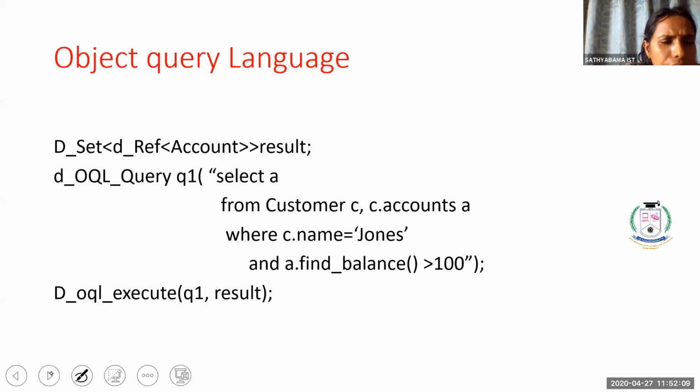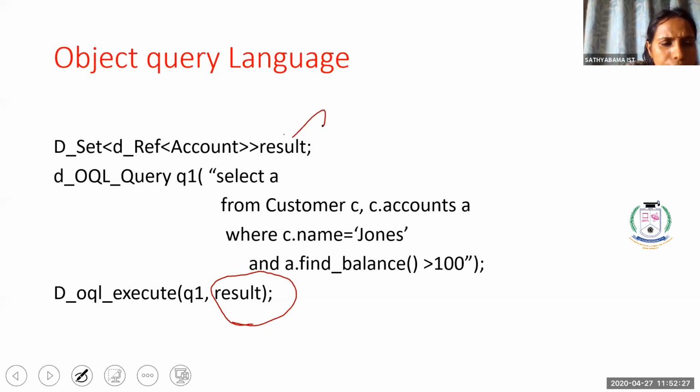Okay, so here specify again this select query. We are going to run it, and the result of your select query we are going to store in a temporary variable called result. So that we have to specify here itself.